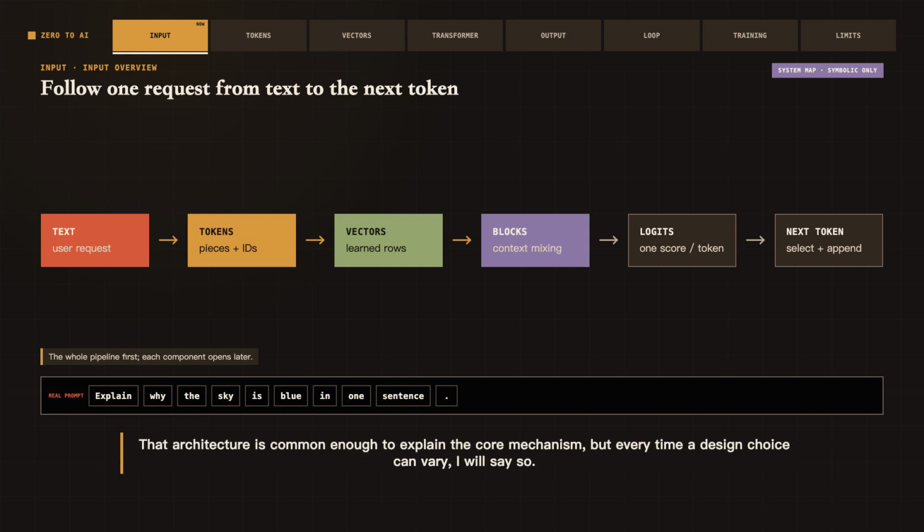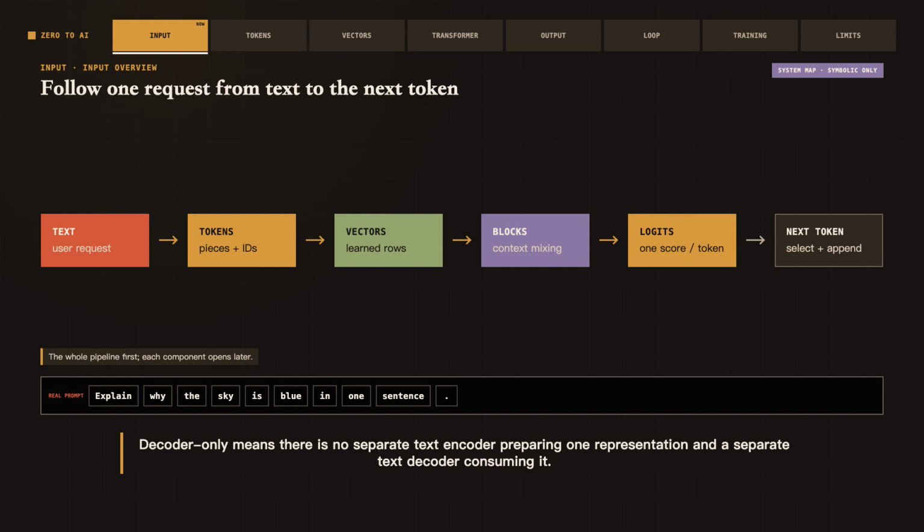That architecture is common enough to explain the core mechanism, but every time a design choice can vary, I will say so. Decoder only means there is no separate text encoder preparing one representation and a separate text decoder consuming it. The same causal stack processes the known prefix and produces the distribution for what comes next.